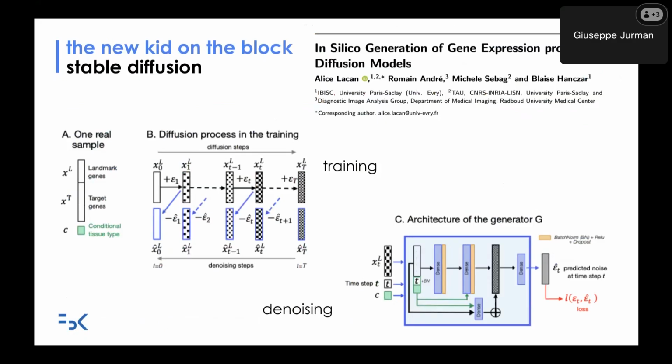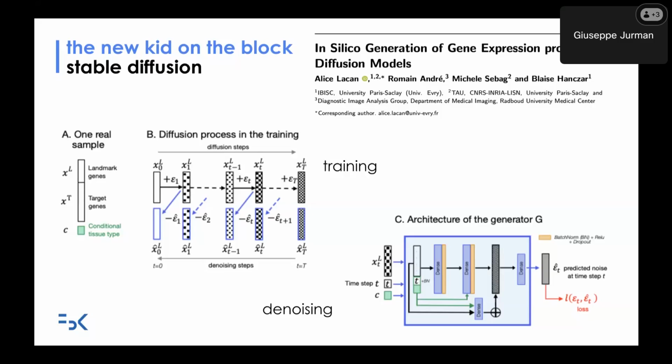So far, I only mentioned GANs, but clearly there are more powerful models coming on the market, and stable diffusion is clearly one of the candidates. Recently, a couple of papers appeared where a diffusion model has been used for generating gene expression profiles in silico, okay?